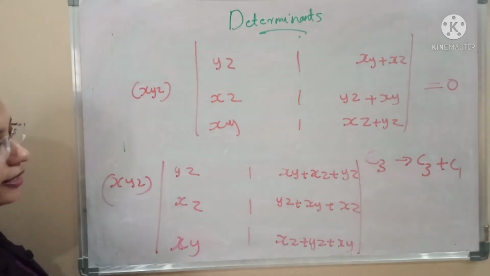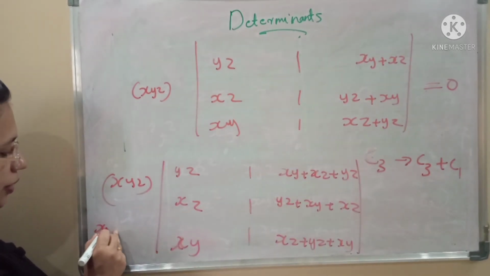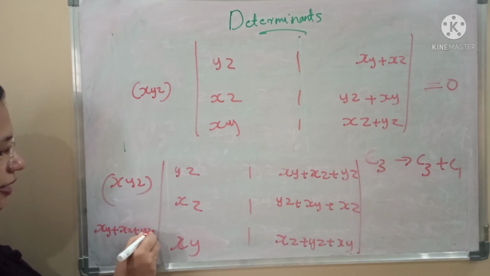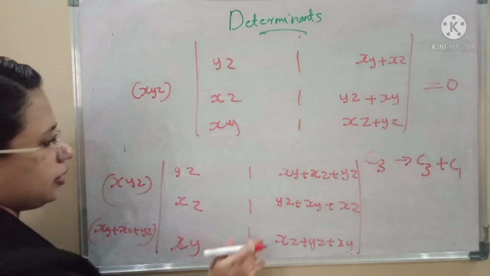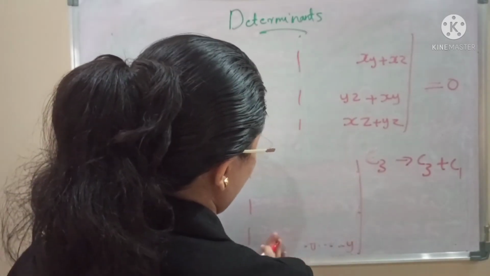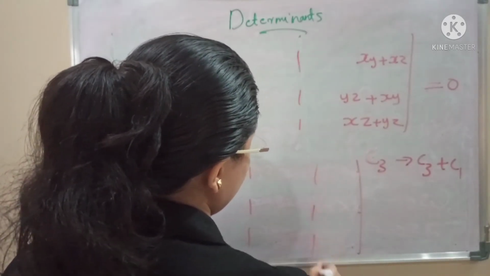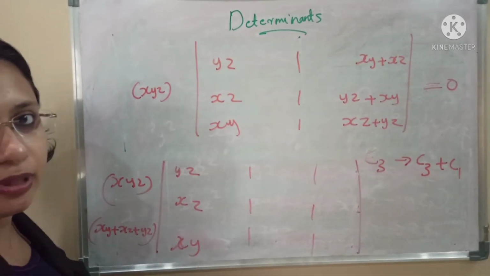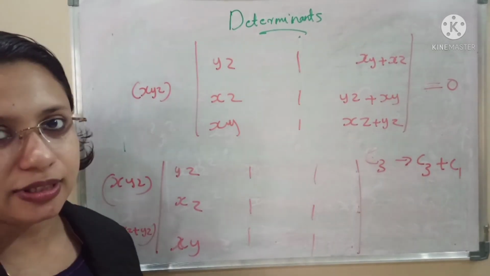Now all the elements in C3 are the same, right? So if I am taking xy plus xz plus yz as common as well, all these terms will be 1, right? So two columns are getting the same, identical elements.